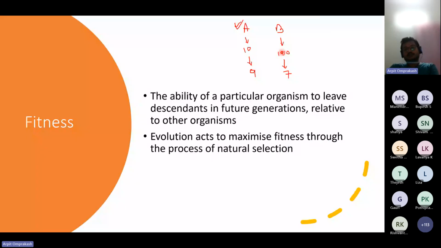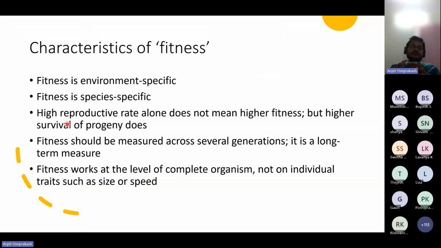But most of the offsprings of B die off because they don't get enough parental care, whereas most of the offsprings of A survive. So the survivability of offsprings of A is higher than that of B. That's why A is more fit here. So even though B has a higher reproductive rate, it does not mean that it has a higher fitness.